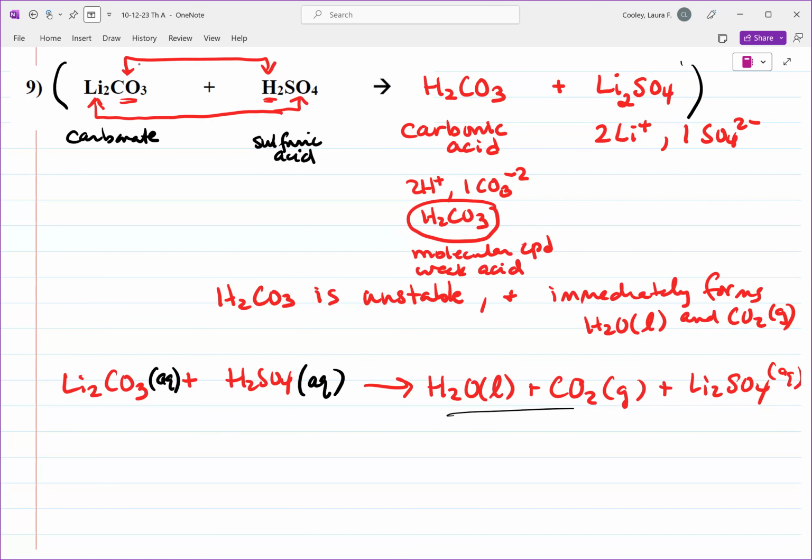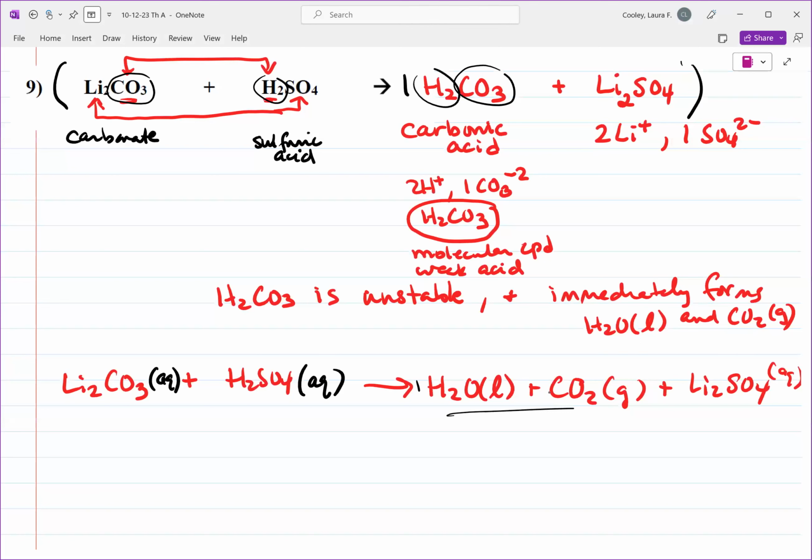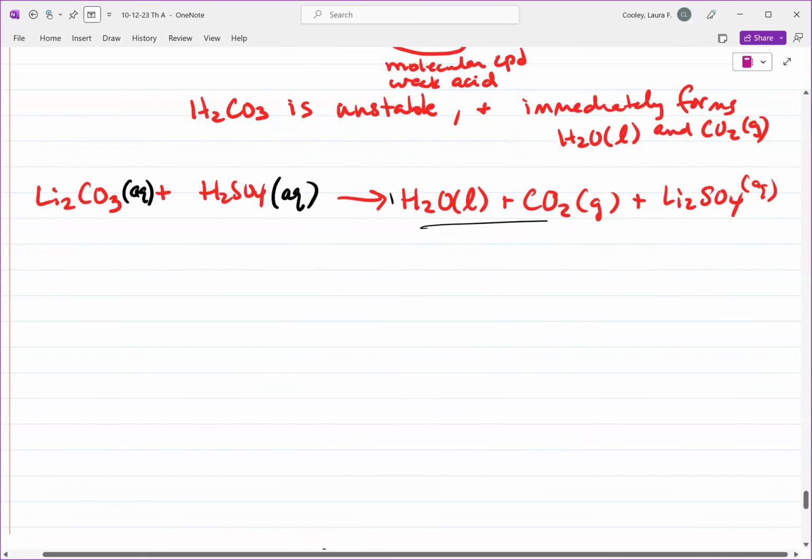Here you could see that there's two H's here, there's two H's here, there's CO3, there's CO3, there's two lithiums, this is balanced. And whenever you have one H2CO3, you'll have one H2O and one CO2. If you had two H2CO3s, you'd have two H2Os and two CO2s. So it's just an easier way to balance. But anyway, this equation is balanced.